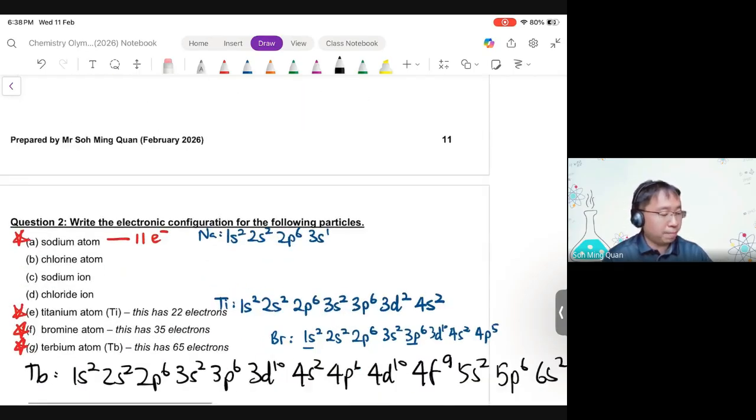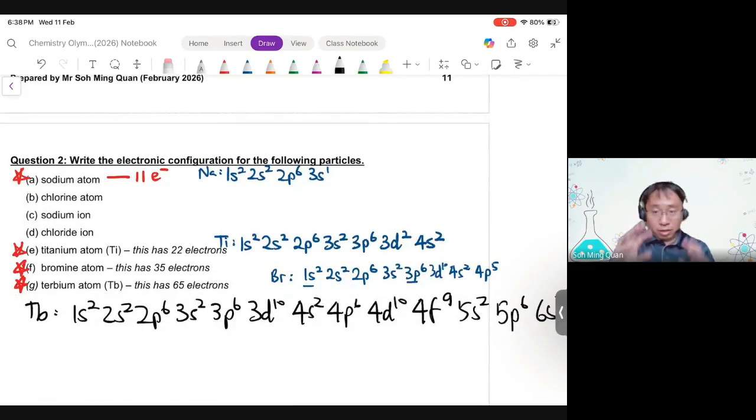So that's terbium. Terbium is really long. I got 4f9 so quickly because I just added 5 to the 4f4 in neodymium, because terbium has 5 more electrons than neodymium just now.